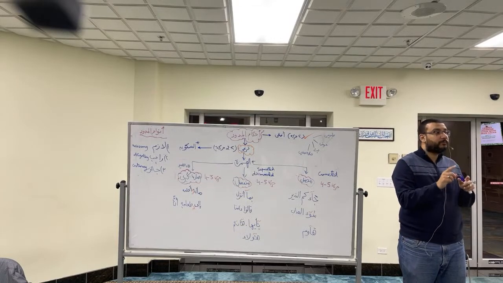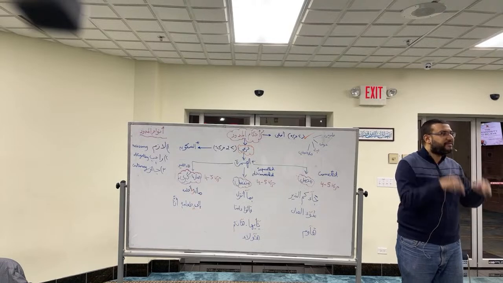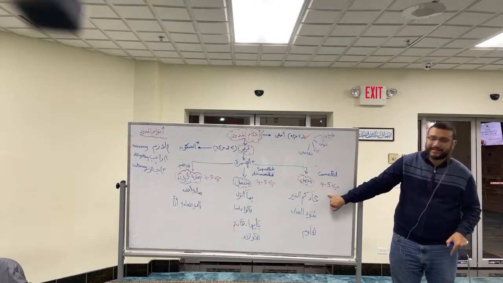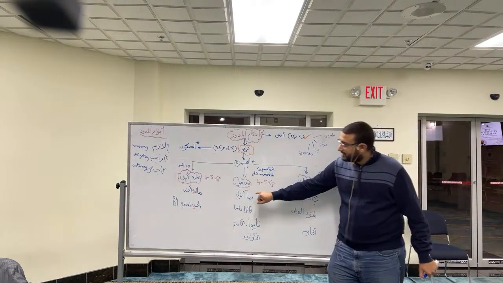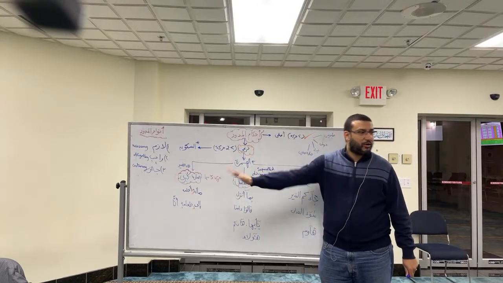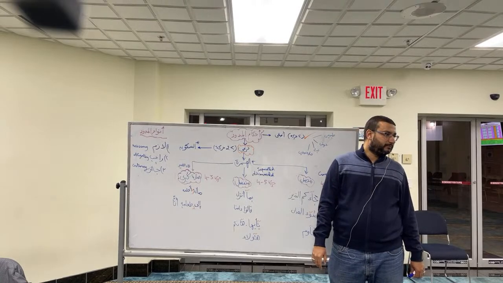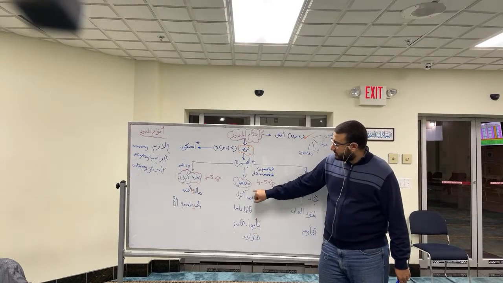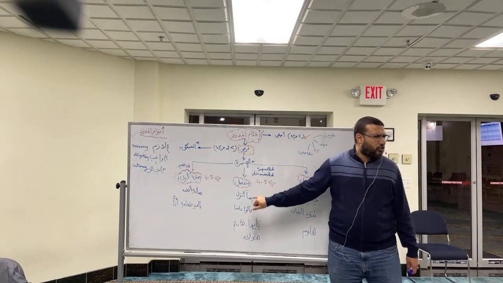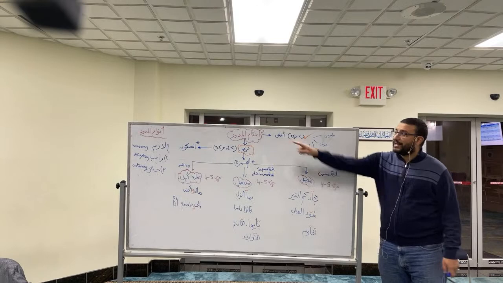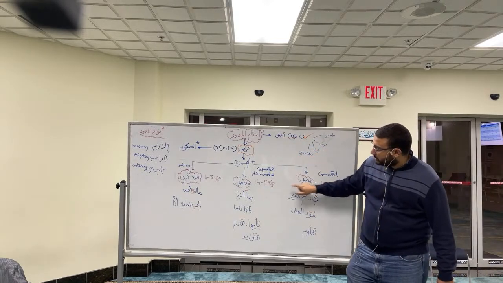Because after the mad, the hamza is following after the mad, in the same word. That's why it's connected, muttasil. Whereas here, it is still a hamza coming after the mad, but it's happening in a separate word, in a disconnected word. So now it is called mad munfasil. How long do I do it? 4 to 5 harakas. So what difference does it make? We'll get to that at the end. But you have to differentiate between the muttasil and the munfasil.